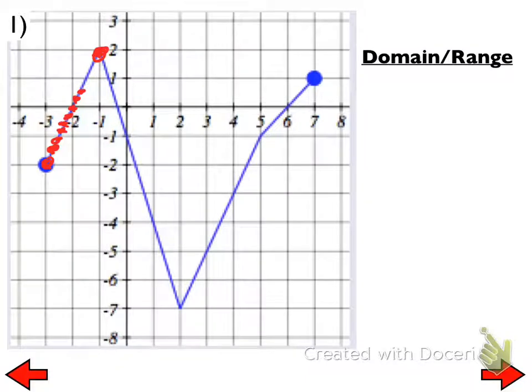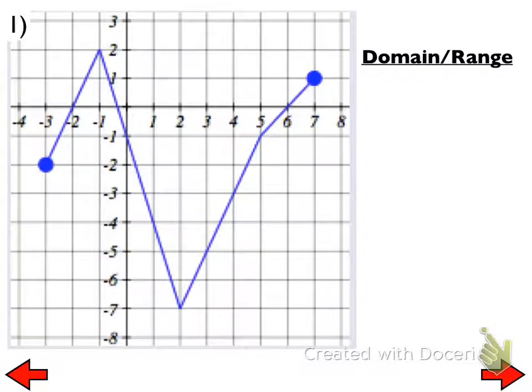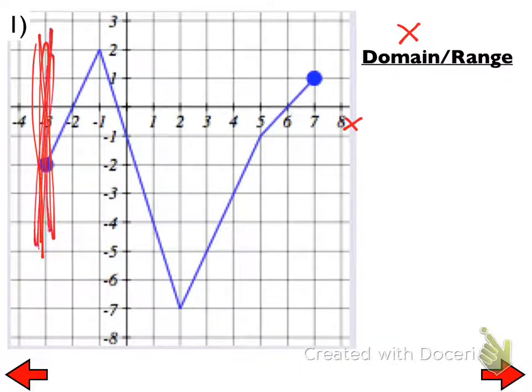Well, the easiest way to do it from a graph is to sort of scan the graph and look at the graph very carefully. So when we're talking about domain, once again, we are talking about the x values. And since the x values always go from left to right, or think about the x-axis, left to right, you're scanning the graph from the left side of the graph to the right side of the graph. And you're trying to make sure of all the values that are between the beginning of the graph and the end of the graph.